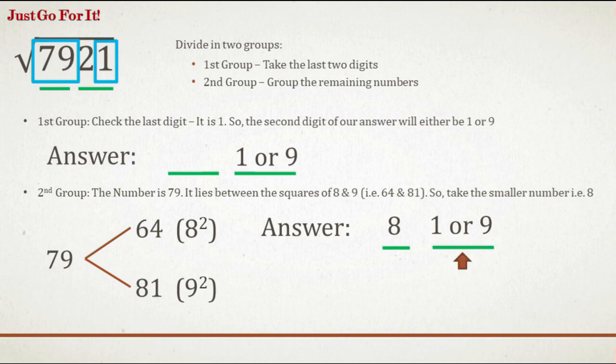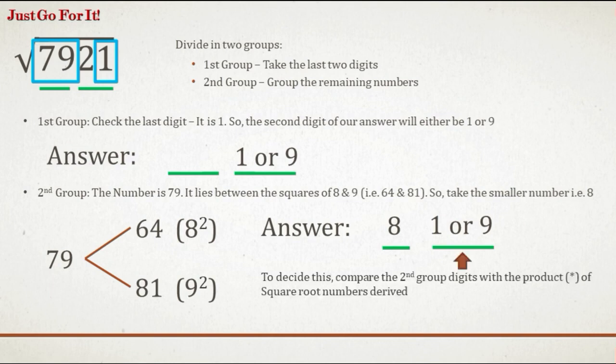So for this, there is one more step. We have to take the product of the two numbers which we derived here, the number 8 and the number 9, right? Because 79 comes between the square of 8 and 9. So we are going to take the product of 8 and 9 and compare it with the number 79.